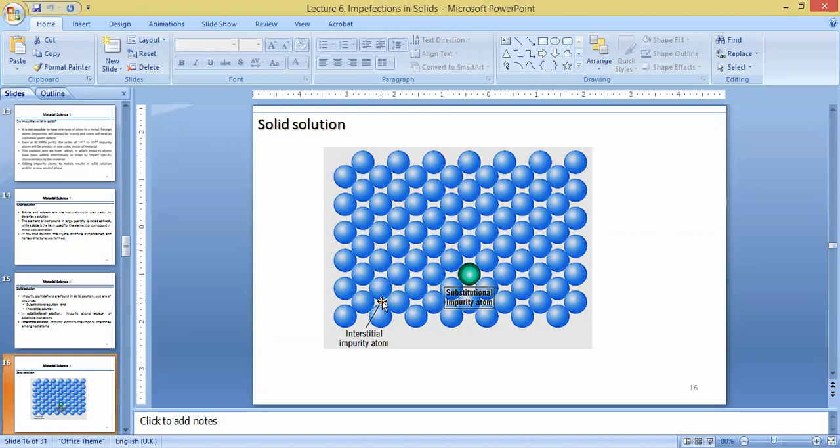They don't even need the whole big radius like the substitutional impurity atom here. So they'll settle there, there, there. This is also another form of interstitial, apart from the other one that went to the huge atom. Even this one is regarded as interstitial.